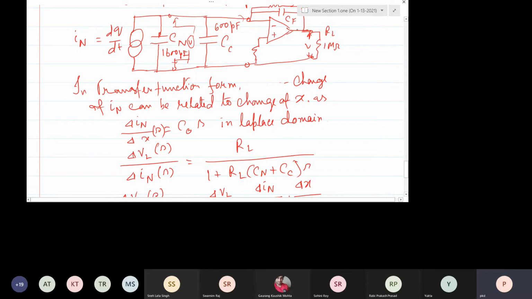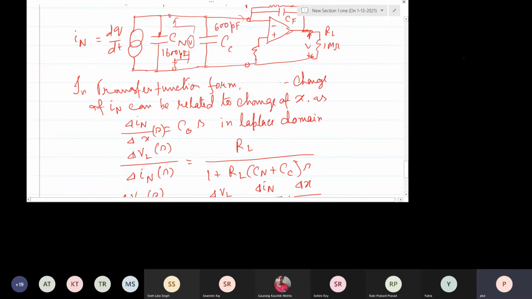The voltage available at this point is given by the current IN multiplied by the equivalent capacitor, that is Cn plus Cc, into s, and CF. Here is the VL.